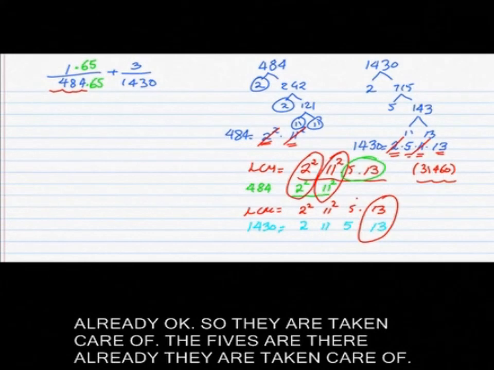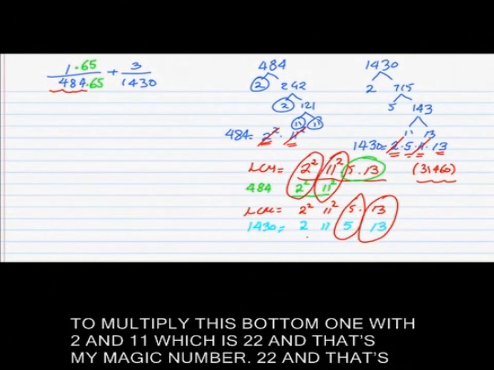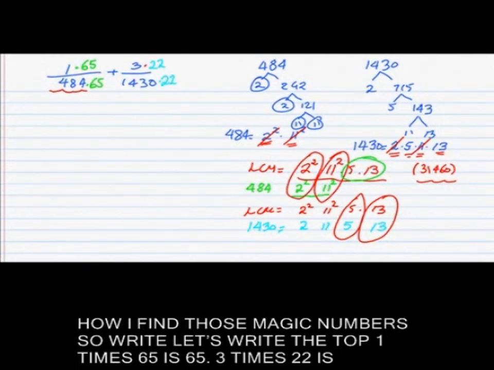The 5s are there already. They are taken care of. So what am I missing? I have an extra 11 here and I have an extra 2 here. So I need to multiply this bottom one with 2 and 11, which is 22. And that's my magic number, 22. And that's how I find those magic numbers.